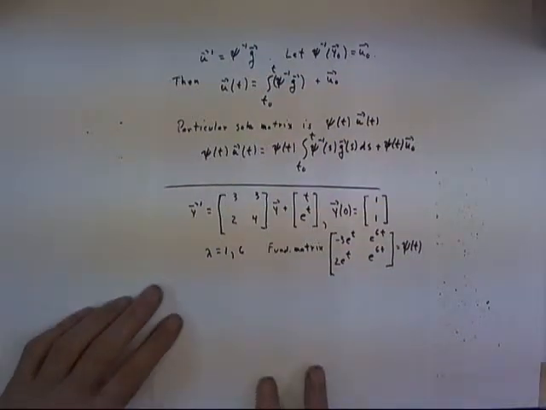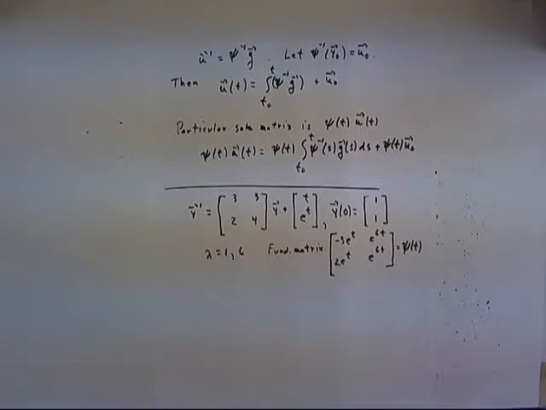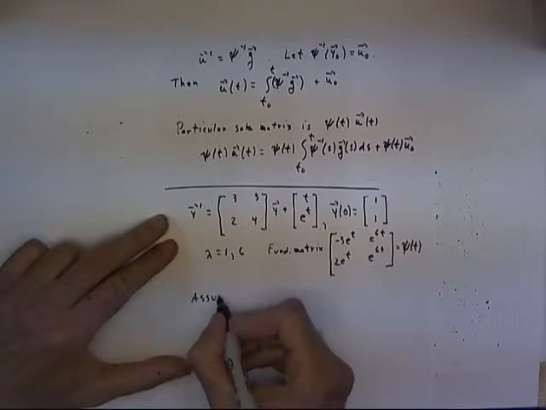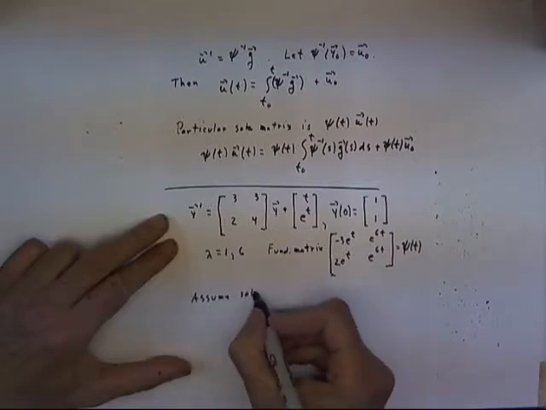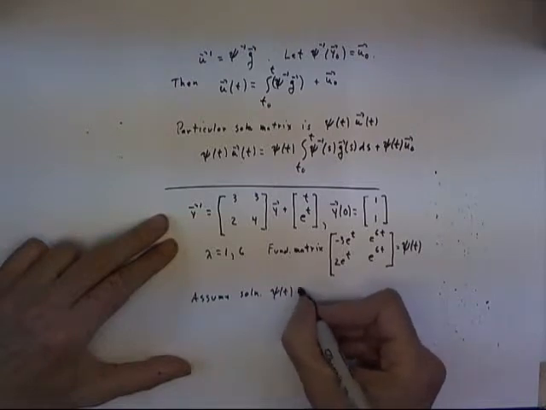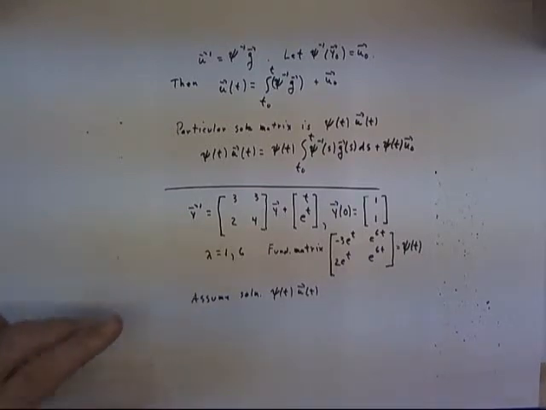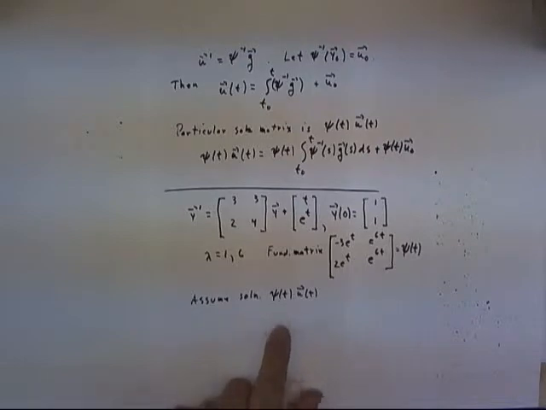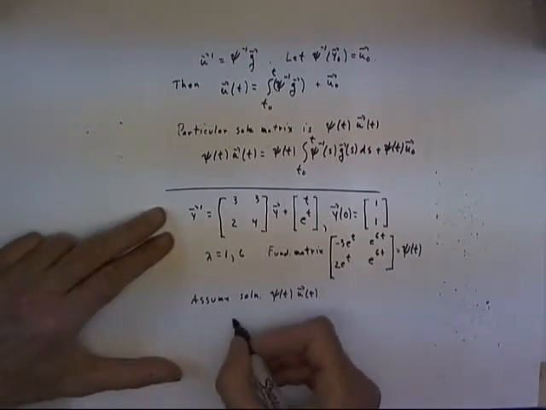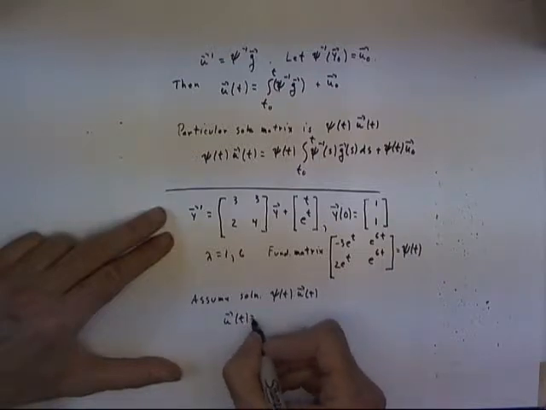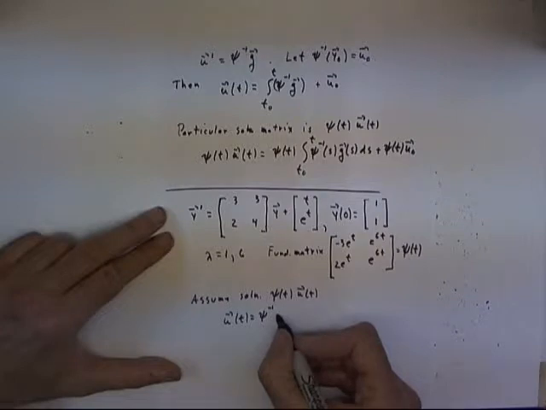Now, just alluding to the steps that we would take, we assume a solution psi of t, u of t for the non-homogeneous equation. After taking derivatives and so forth, we find that u prime of t is going to equal psi inverse times our g of t function.